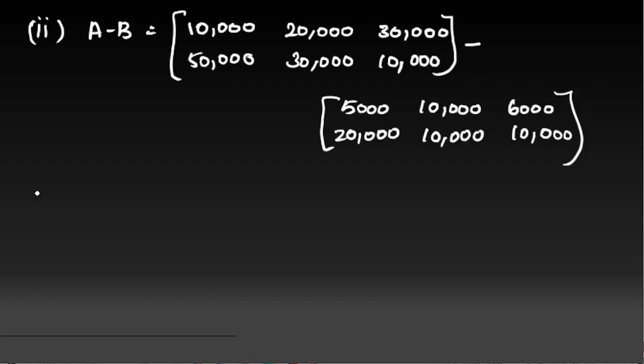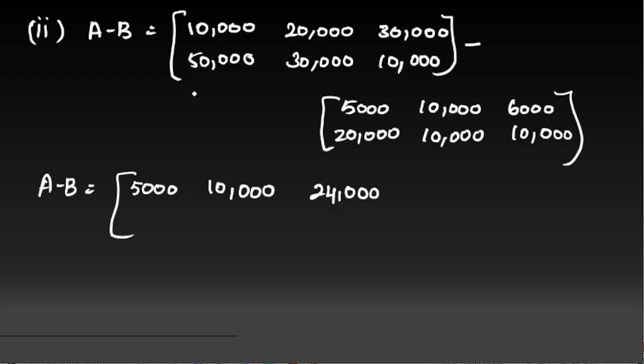Now A minus B. What is A minus B? First, 10,000 minus 5,000 is 5,000. 20,000 minus 10,000 is 10,000. 30,000 minus 6,000 is going to be 24,000.